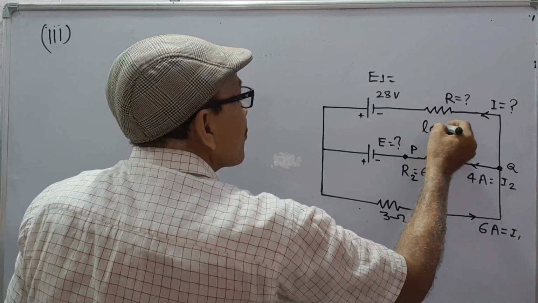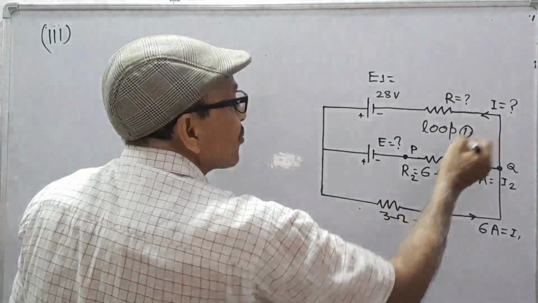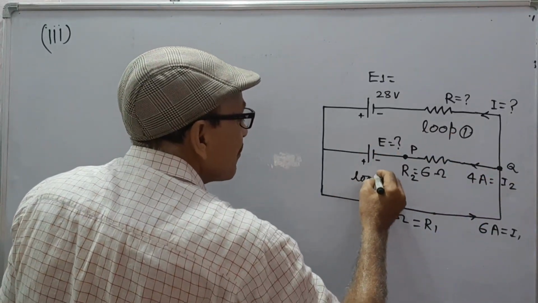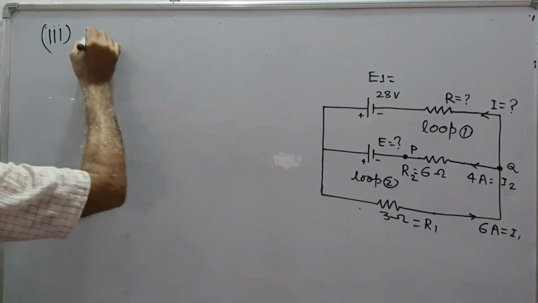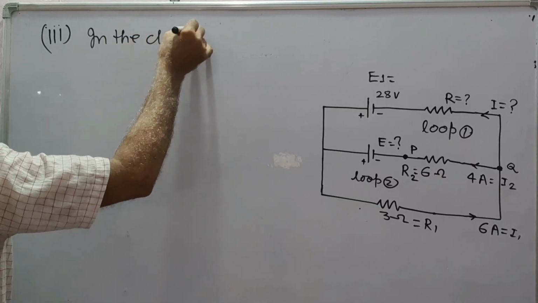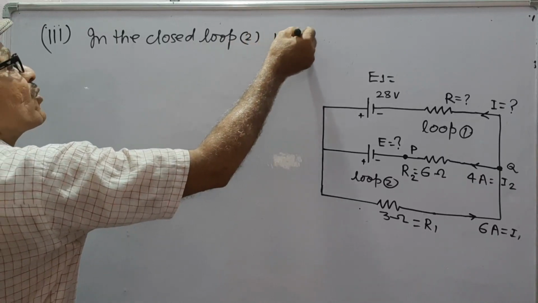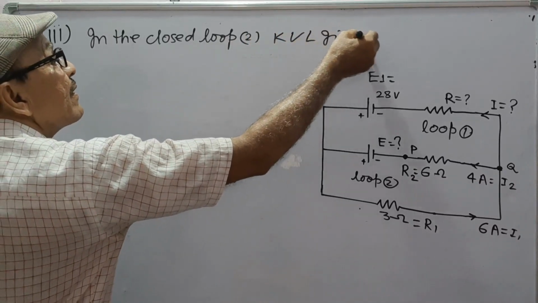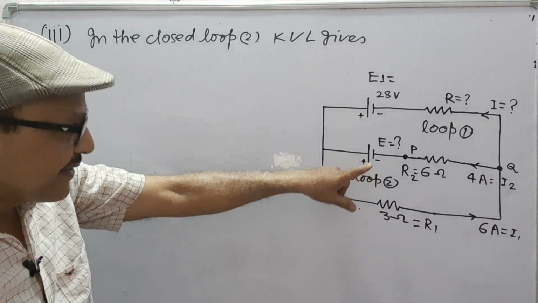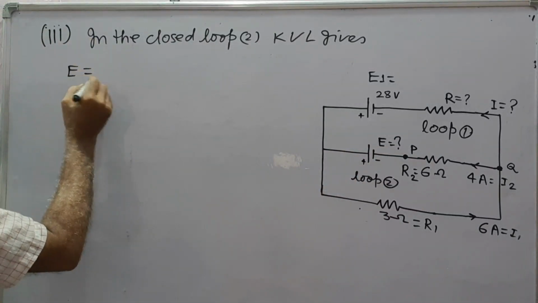Suppose this is closed loop 1 and this is closed loop 2. In closed loop 2, Kirchhoff's voltage law gives sigma EMF is equal to sigma IR. Sigma EMF is E, so E is equal to sigma IR.